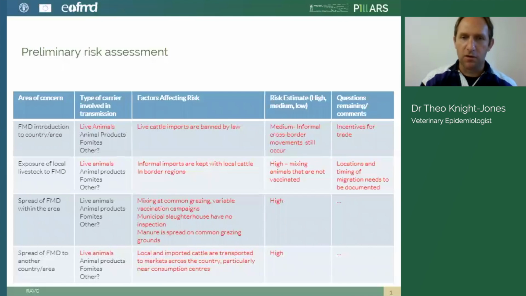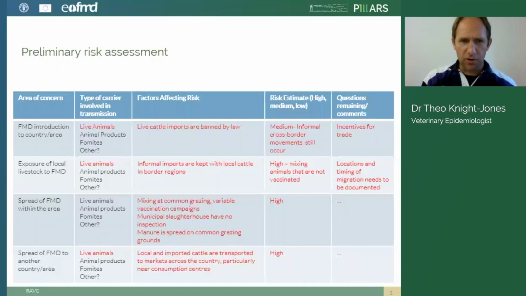Factors affecting risk: we know that imported livestock are kept with local cattle in this border region, so we know there's mixing. So the risk estimate of local animals being exposed, if virus was present, is high because of this mixing. We've also mentioned that there's no vaccination going on. But we'd like to better understand when these risks are highest by knowing the locations and timings of animal movements.